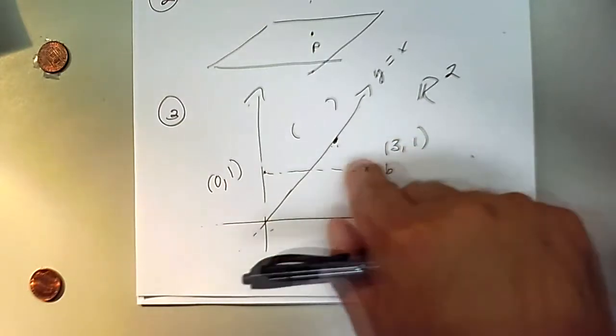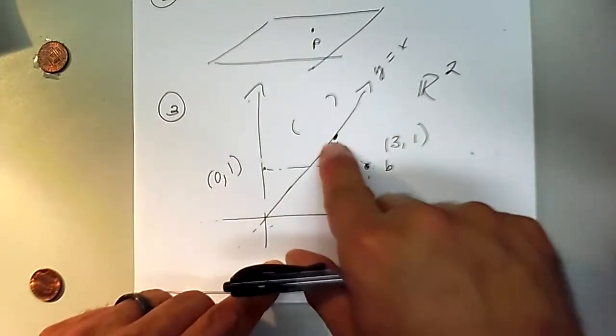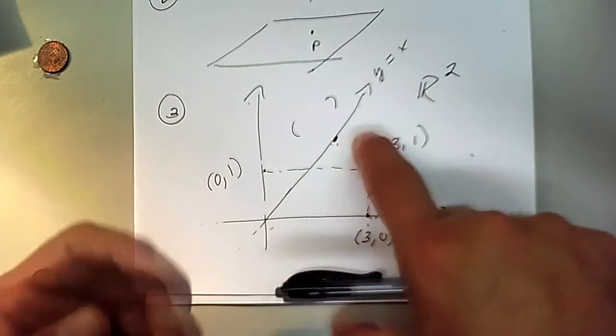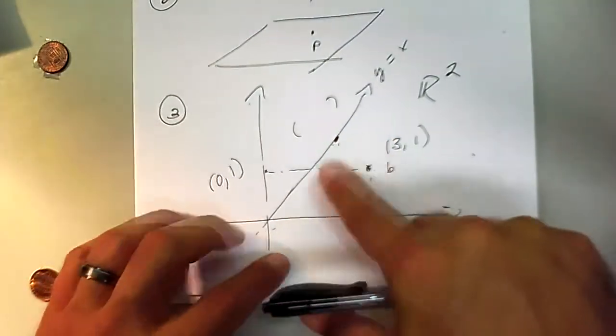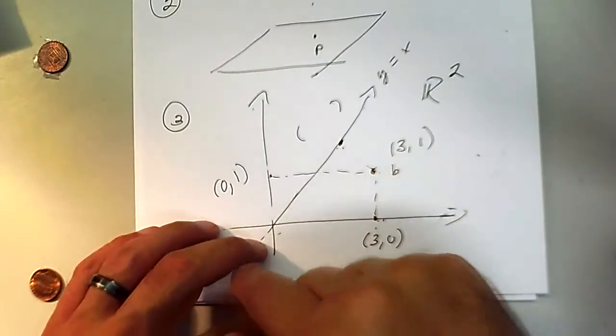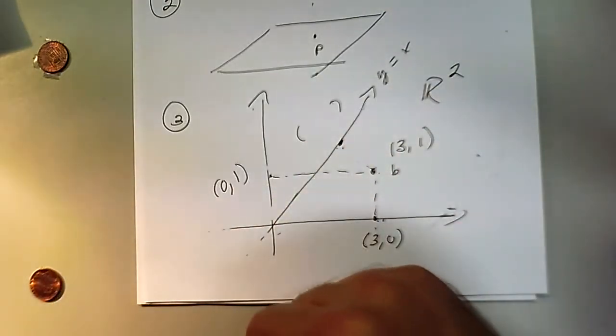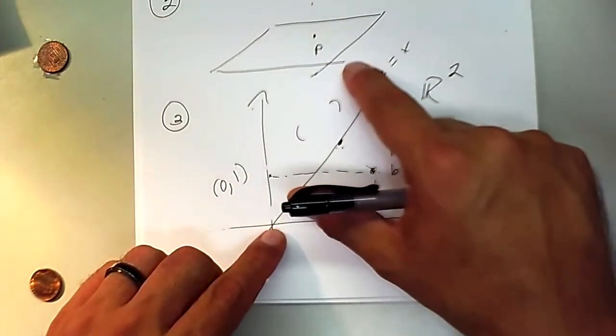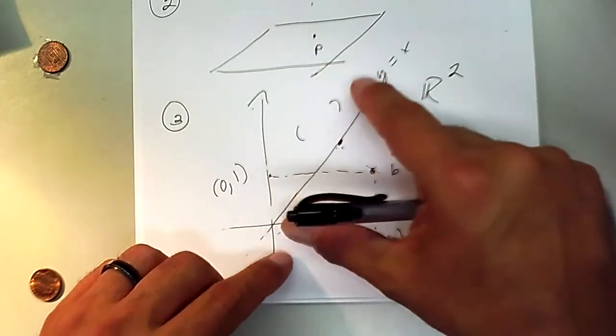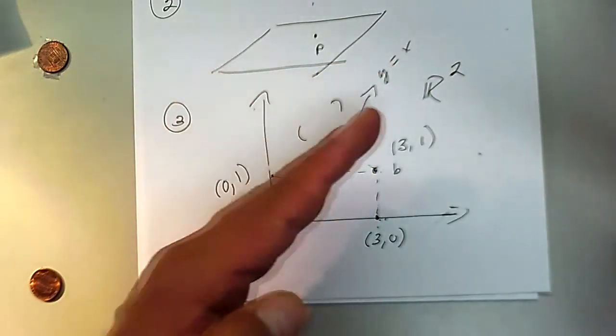So 3, 1, project onto that. You can probably use some geometry, some trigonometry perhaps, because the angles are going to be 45 degrees. So we're probably going to have some kind of square root of 2 over 2 going on. But the point is, what if it was y equals 2x, or we can have any kind of slope.